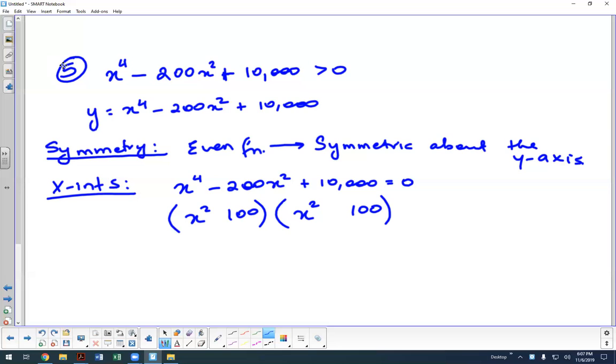What kind of sign should I have in the middle? Yeah, negative. Since my middle term is negative, constant term is positive, both of these signs will be negative. So it's actually a perfect square trinomial because both my factors are the same factor. So you can write this to the second power.